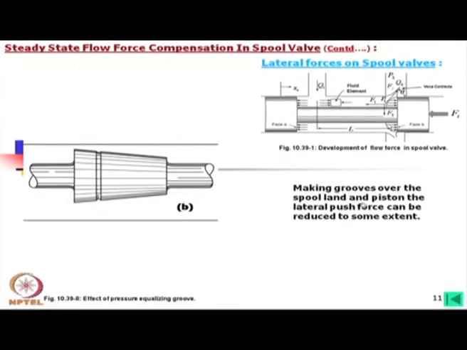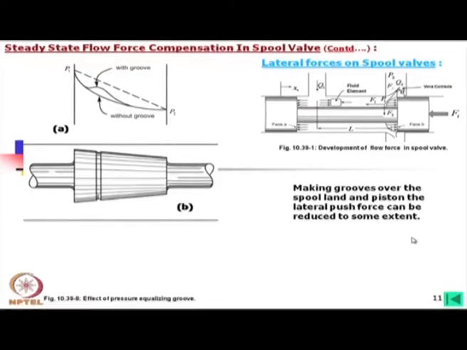Making a groove over the spool land, the piston, the lateral push force can be reduced to some extent. How? If we now look into the pressure distribution due to this groove, this distribution will be something like this. Due to this, what is happening? Whatever the pressure here, this is connected to other side.